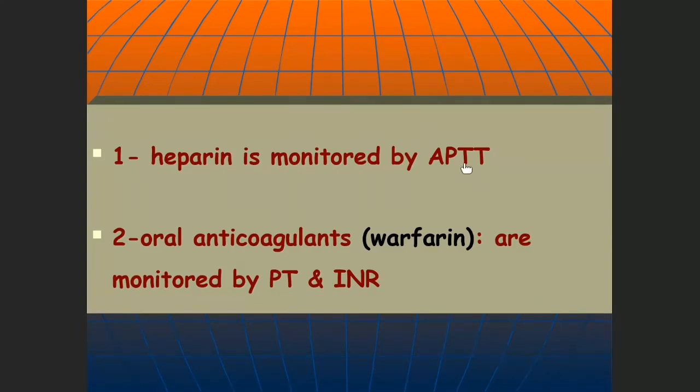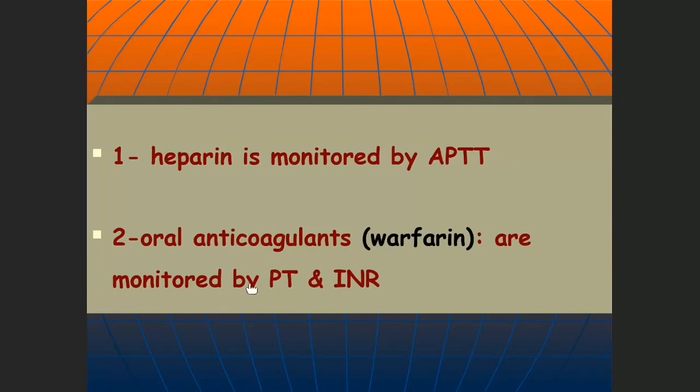And if the patient is on oral anticoagulant such as warfarin, we do PT and INR. Okay? For heparin, you do APTT, and for warfarin and other oral anticoagulants, you do PT, and then you read the INR from the table provided.